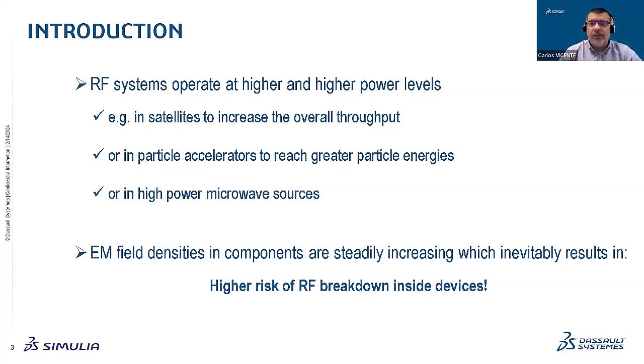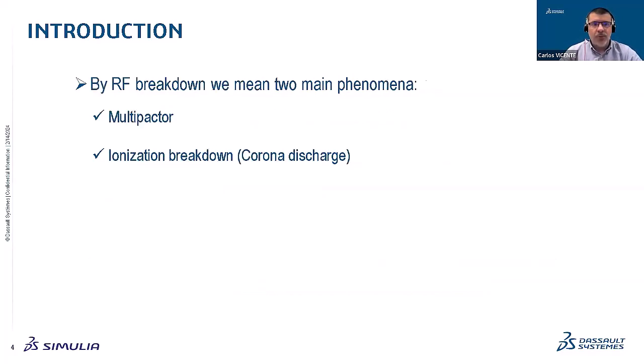As a consequence, we will have an increase of electromagnetic field densities inside the devices. This will lead to higher temperatures, as Michael just presented in his presentation. But it's not only about temperature, we can also have issues in terms of RF breakdown.